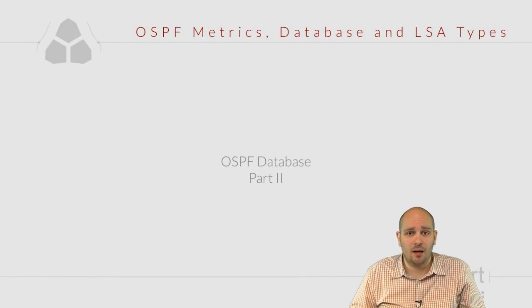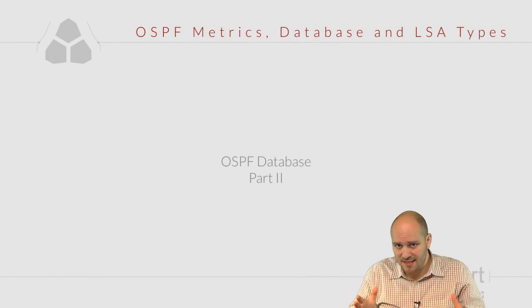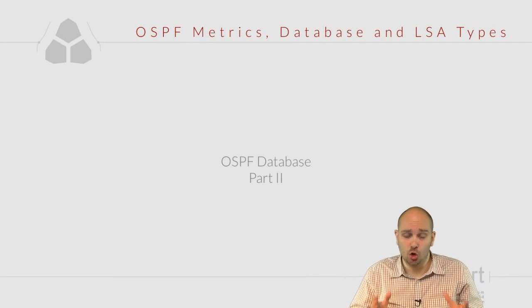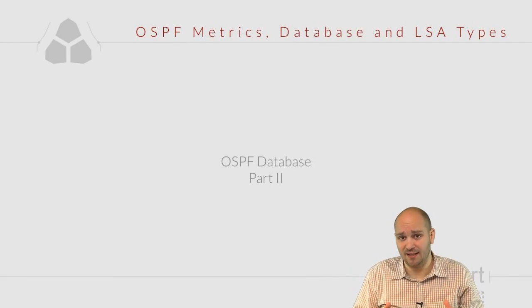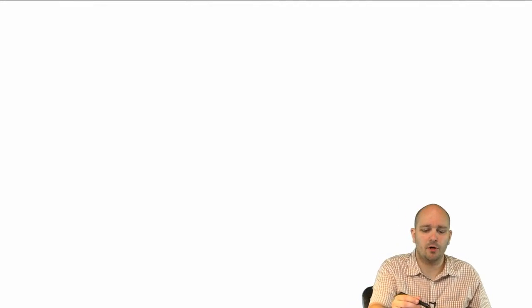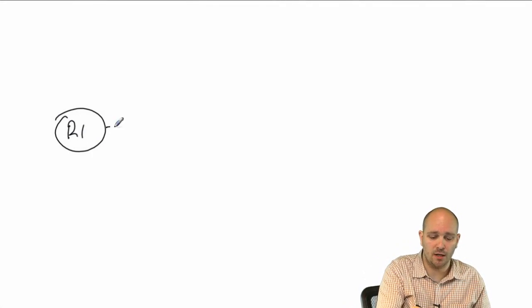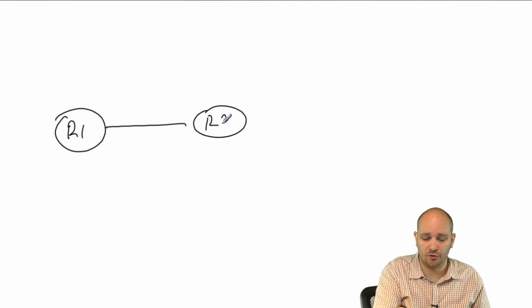The time has now come for OSPF database part 2. In this section, we are actually going to take a look at the database of running OSPF configuration. If you remember, we already have some OSPF configured. We have our router R1 connected to our router R2.